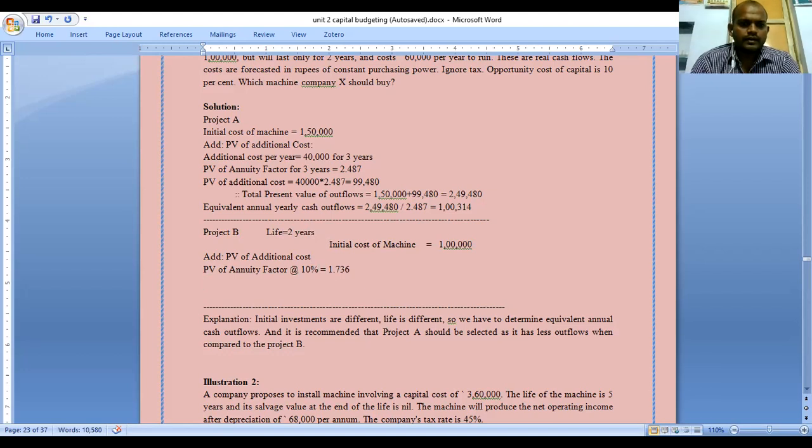So present value of additional cost is around 1,04,160, that is 60,000 into 1.736.